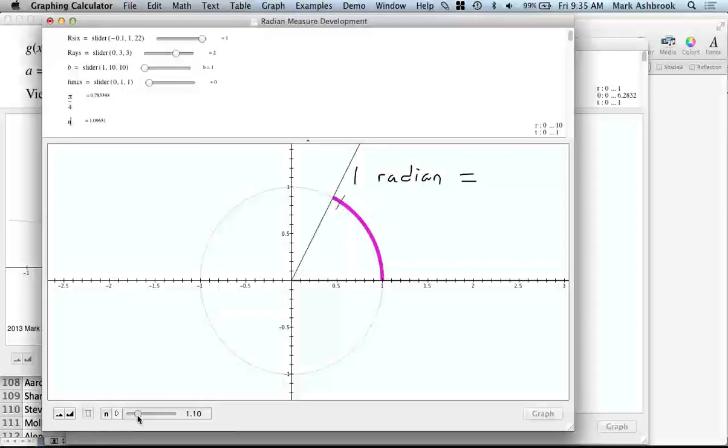Anybody? So this is 1 radian. What fraction of the circle is that? Joe? 1 over.